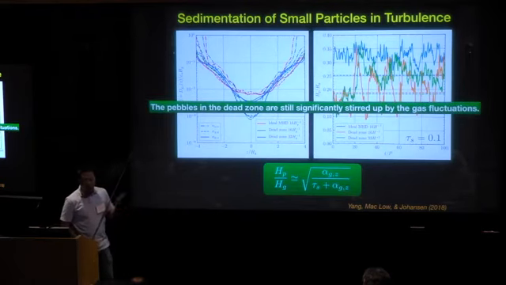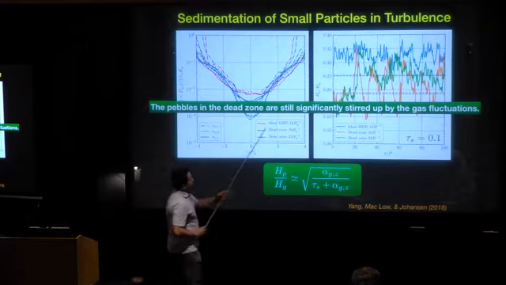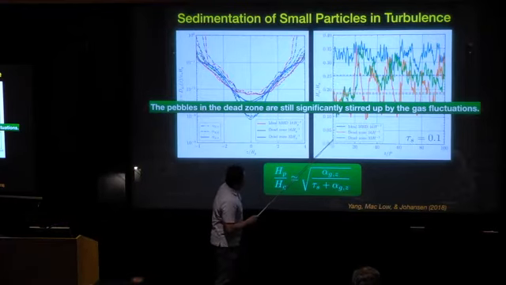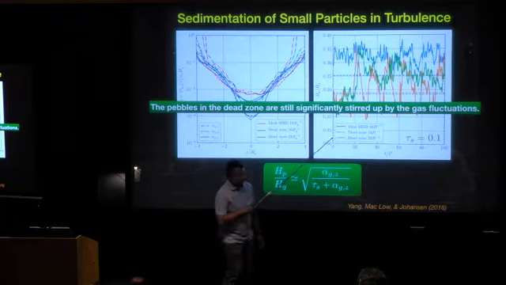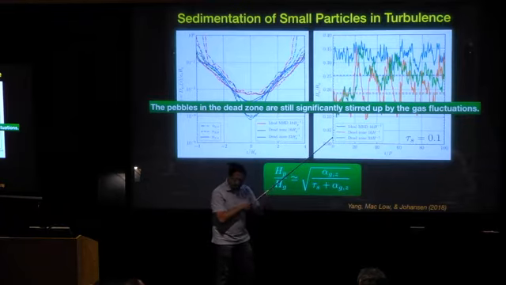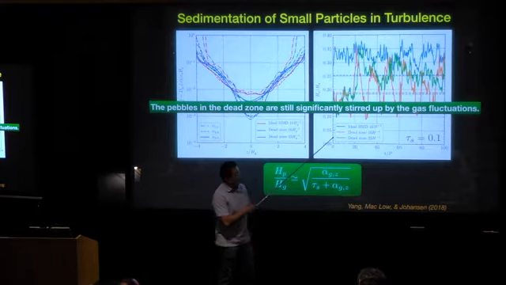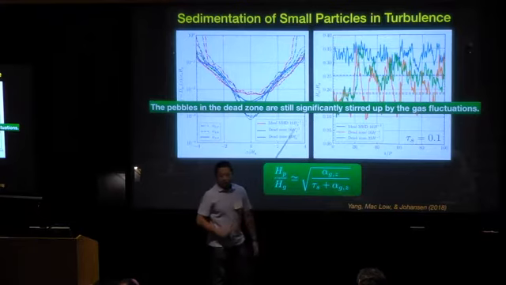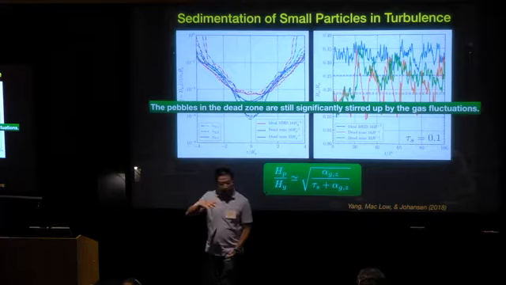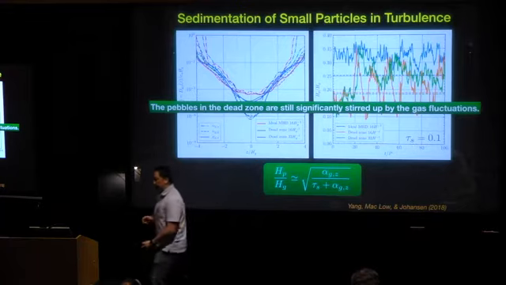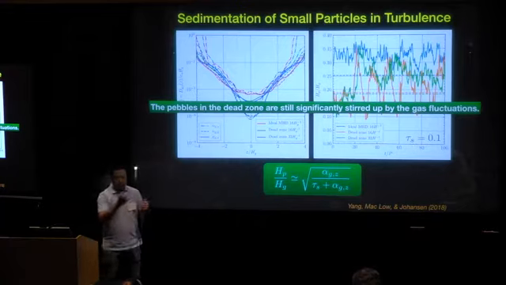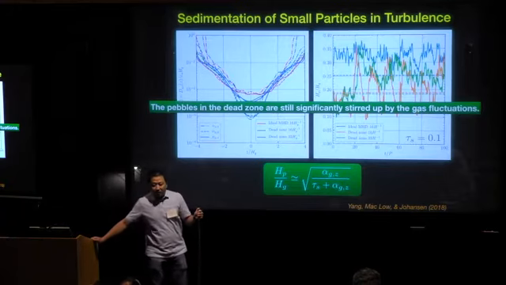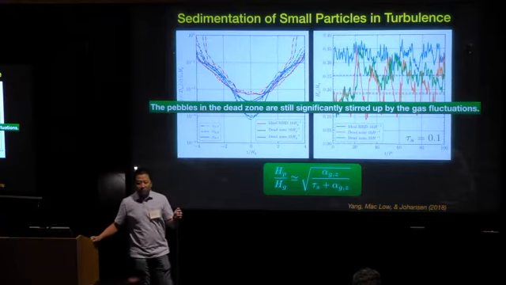So the pebbles are still significantly stirred up by the gas. And I need to point out here, 0.02 is what the laminar disks give you, but it is given by the streaming turbulence. So you are still excited by almost one order of magnitude up, very puffed up. So as Ming-Kai said yesterday, this is very difficult for the streaming instability.